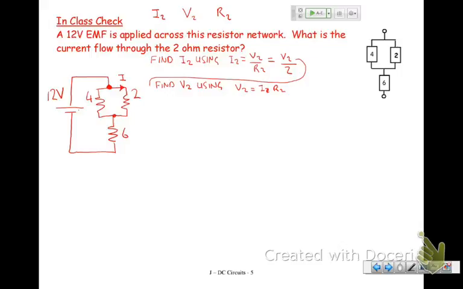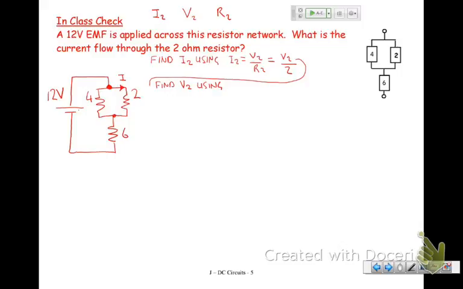What's the problem with that? Yeah, I don't know what this is. And didn't I just use that equation? I2 equals V2 over R2. V2 equals I2 times R2. It's the same equation. I'm going round in a circle, and that's not going to get me anywhere. Although it's a true equation, it doesn't progress me anyway. So that's not going to take me very far.